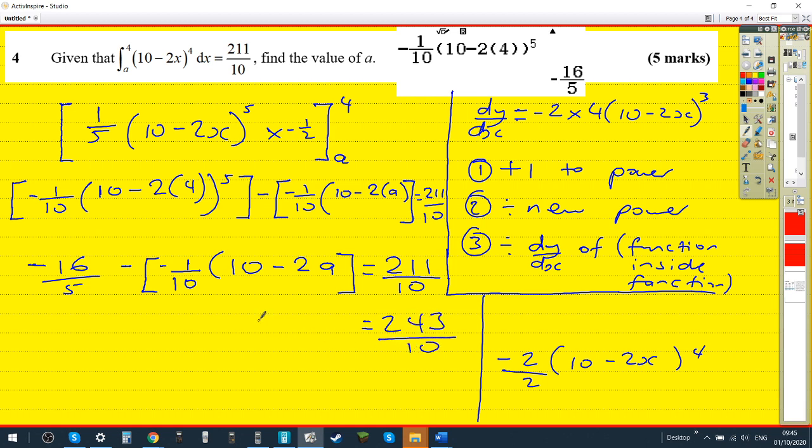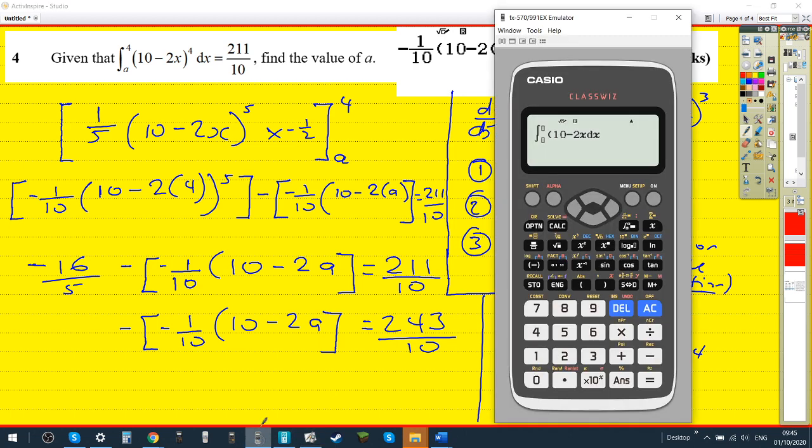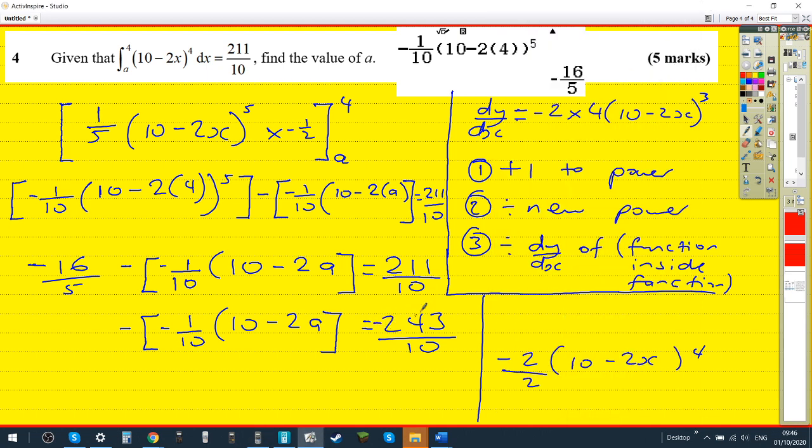Okay. And then divide that by minus 1, which will be minus 243 over 10.